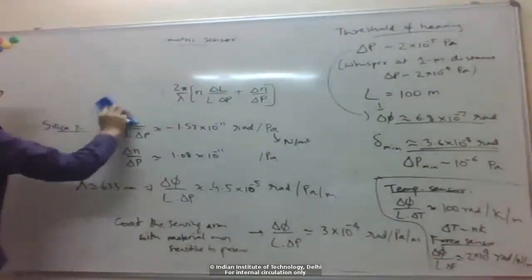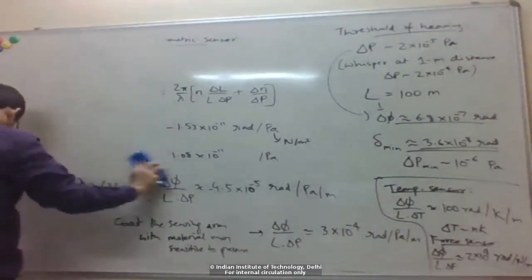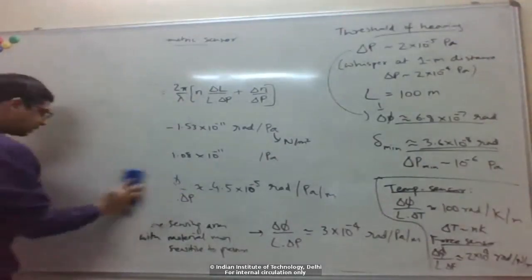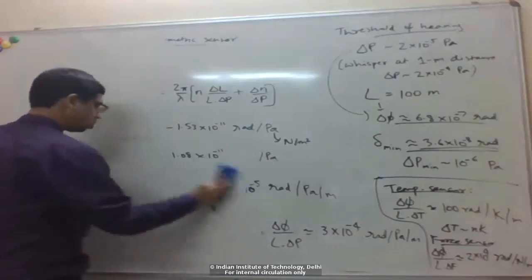We discuss one more type of sensor, which is a rotation sensor, also known as a fiber optic gyroscope.